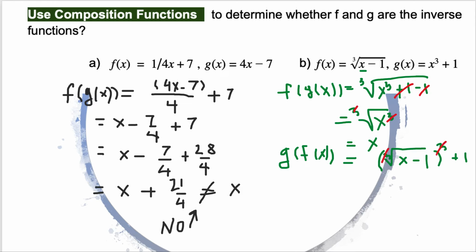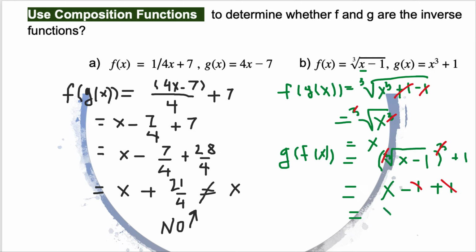I am going to simplify the cube with the cubic root. What we get is equal to x minus 1 plus 1. This minus 1 and the plus 1 can be cancelled, and the final result is equal to x.